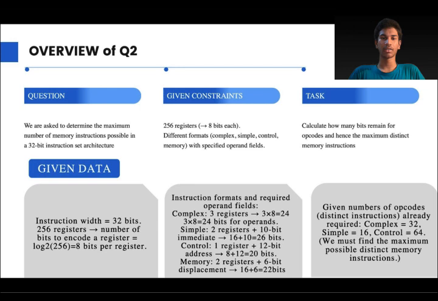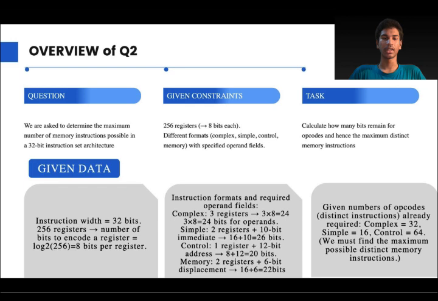Coming to field requirements, according to the format given in the question, there are 4 different types of instructions: complex, simple, control, and memory instructions. Let us see their requirements one by one. Complex instructions contain 3 registers. Simple instructions contain 2 registers with a 10-bit immediate value.